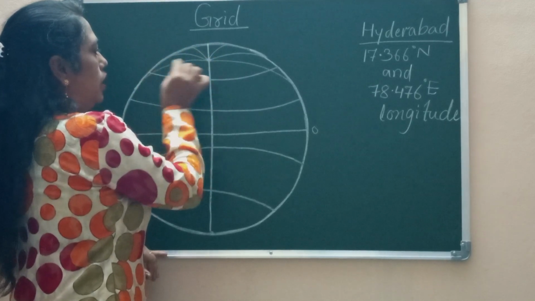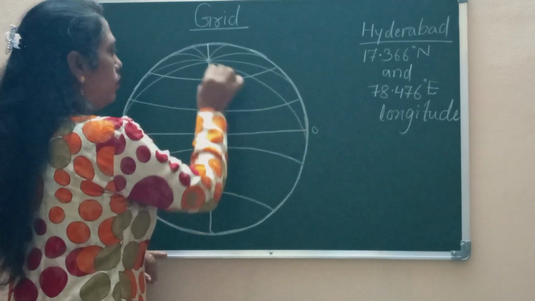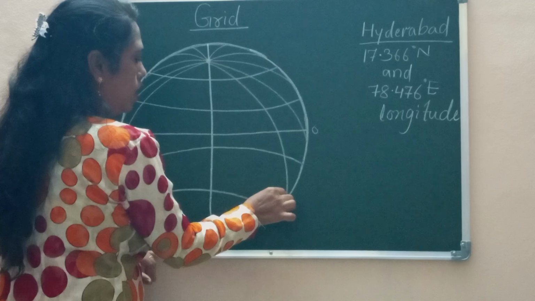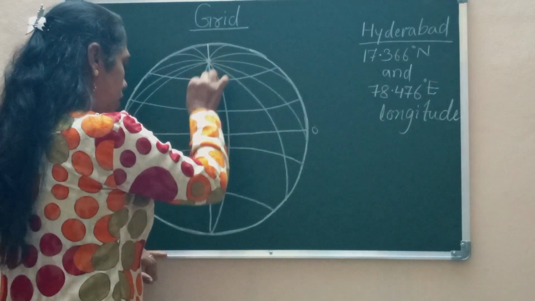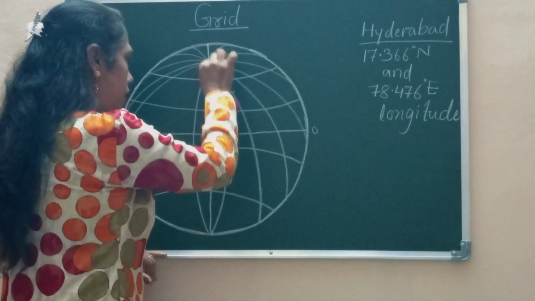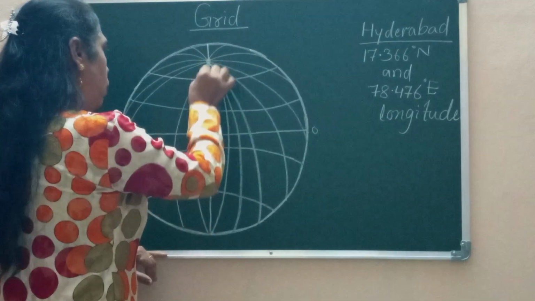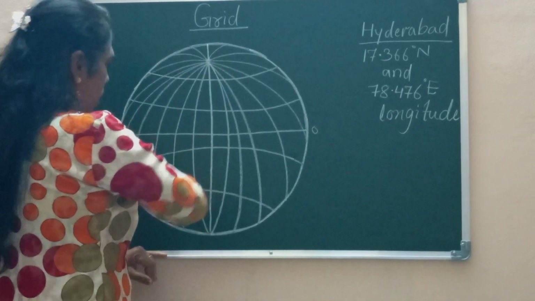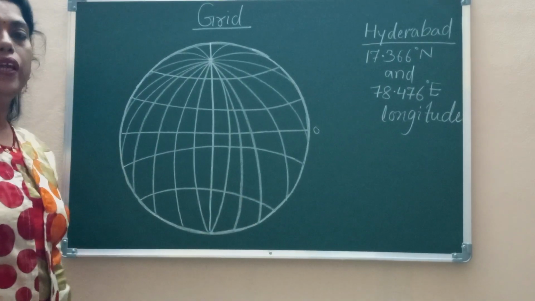Here is the line which is the prime meridian, or we can call it the Greenwich line. Now we will draw all the lines of longitude like this, in both hemispheres. We can see how to draw the middle line. One line we will join from the North Pole to the South Pole, and the remaining lines will come like this. So here we are drawing the vertical lines. Here you can see it. Now we have drawn the grid.